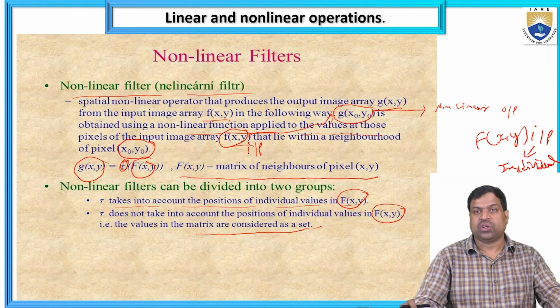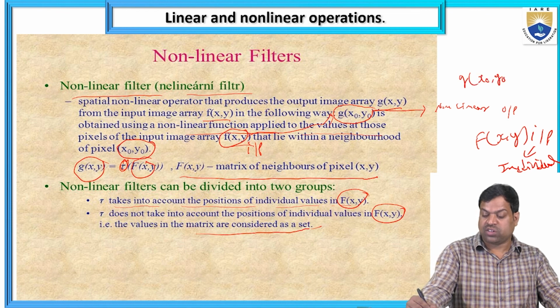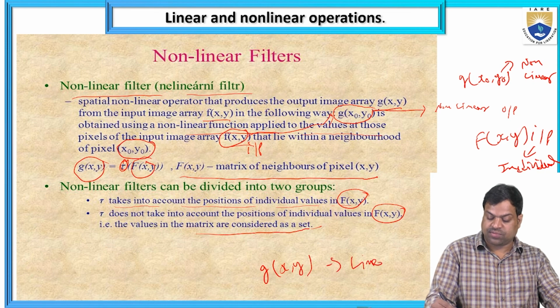So it is a linear operation and it is a non-linear one. For non-linear, I am taking the output as f of g of x naught comma y naught. It is non-linear. Suppose I am taking g of x comma y, it is linear.